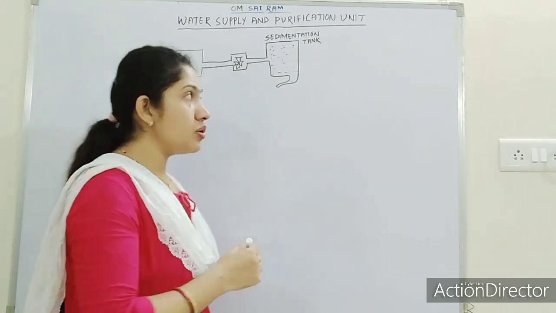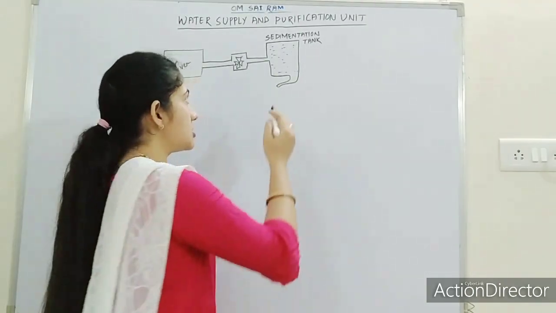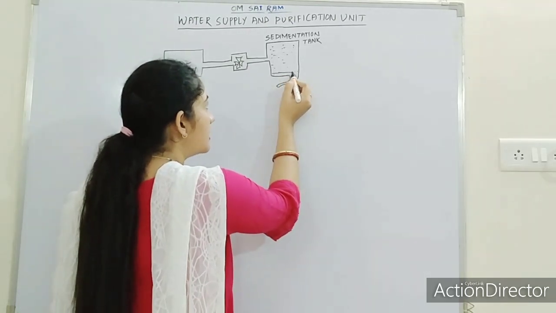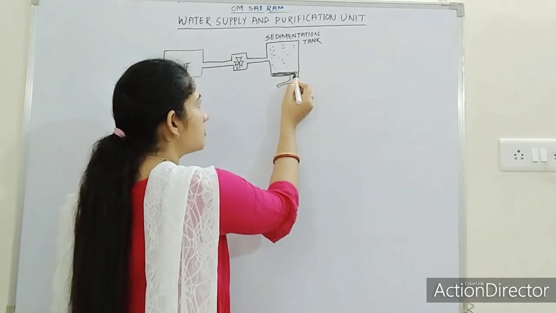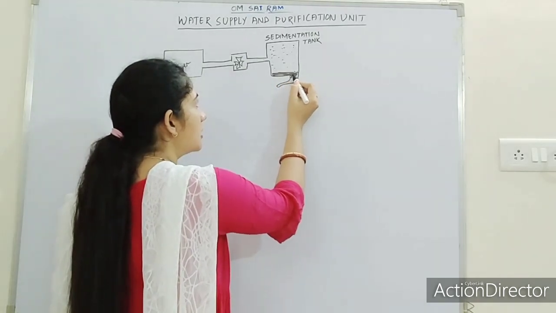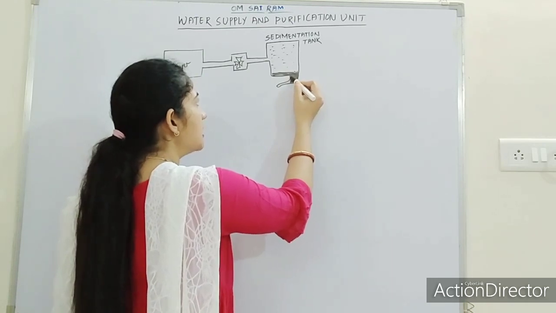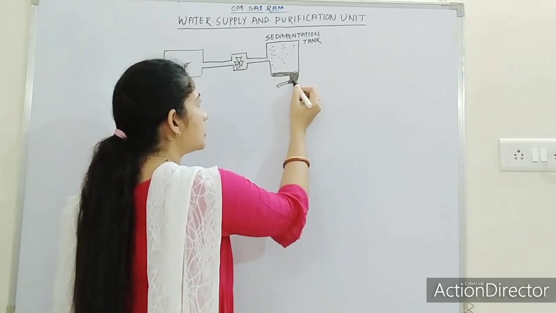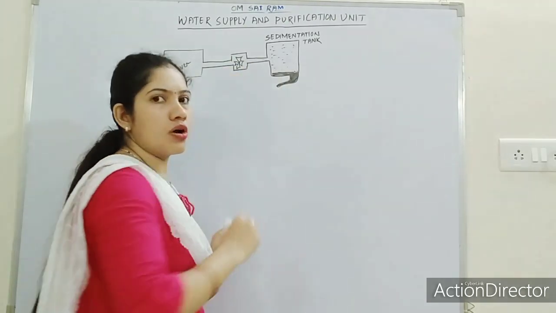They store the collected water at first in the sedimentation tank so that all the heavier particles settle down, and at the top we get a little purer form of water.